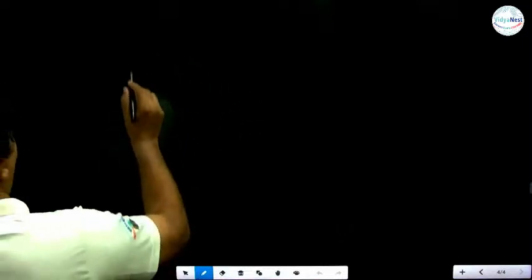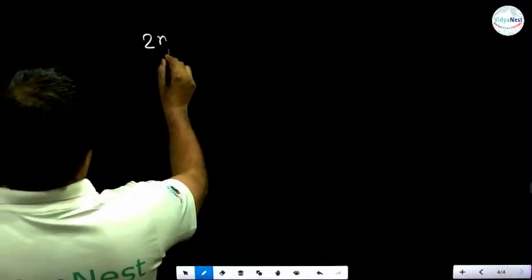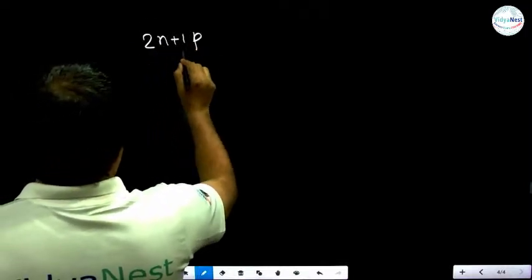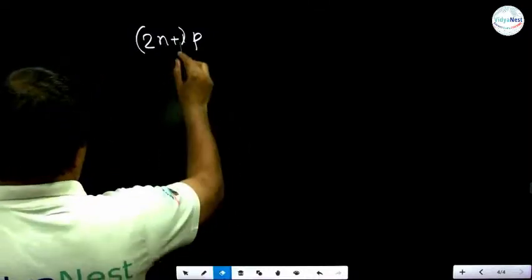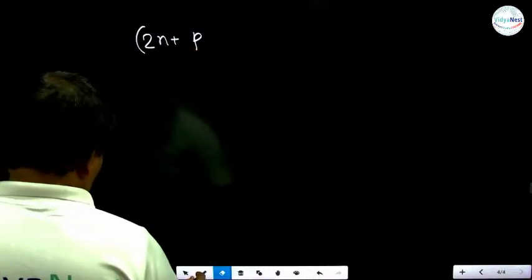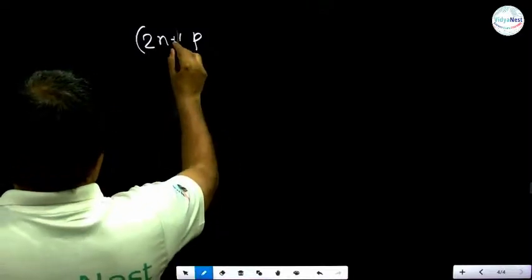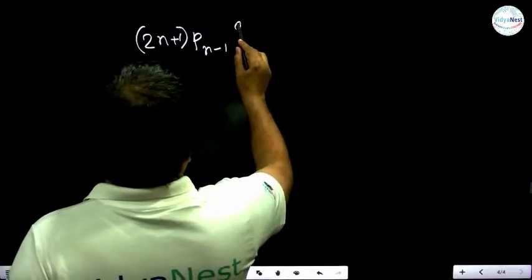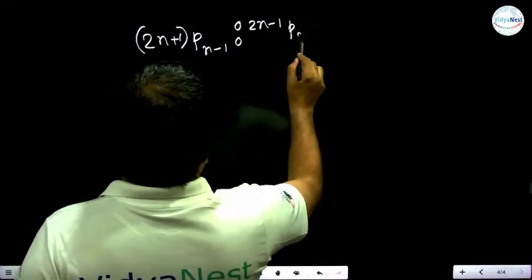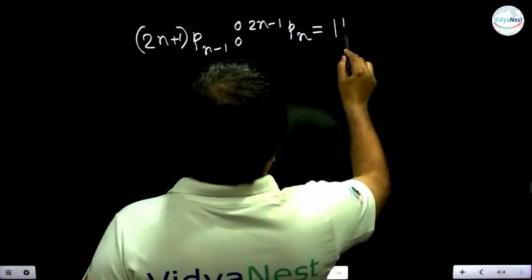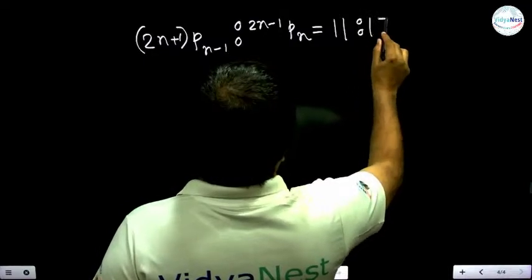What is the sum? 2n plus 1, n minus 1, 2n minus 1 Pn, 11 is to 15.